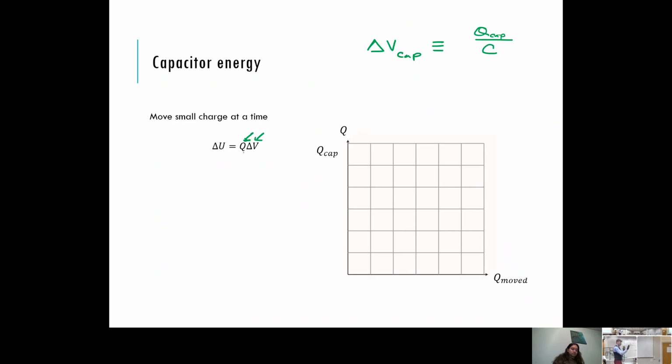And I do it again, and again, and I keep doing it. In a very controlled manner, I take charge from the top plate and carefully place it on the bottom plate. As I do that, what happens to the electric field inside the parallel plate capacitor? Does it increase or decrease?